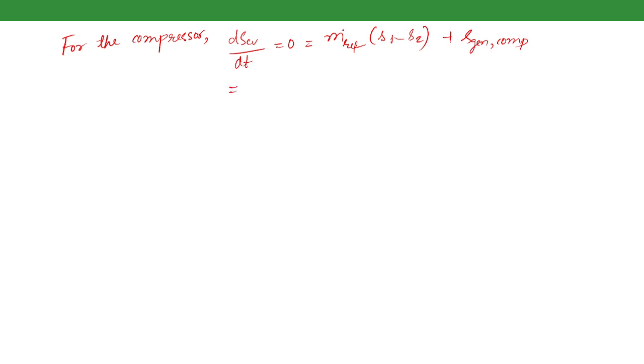This implies that the rate of entropy generation in the compressor is the mass flow rate of the refrigerant multiplied by S2 minus S1.